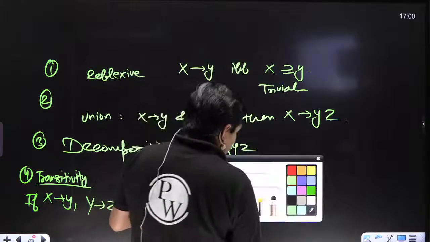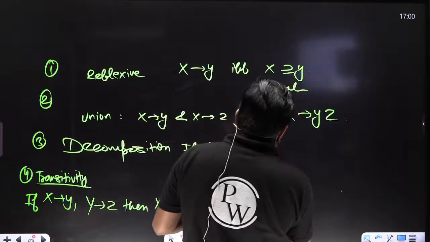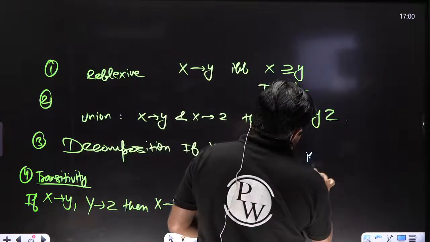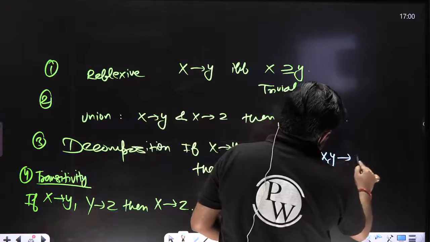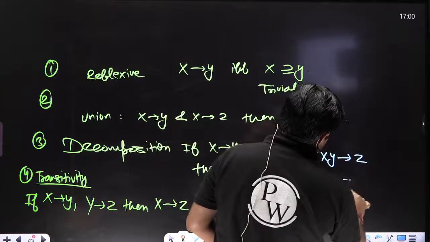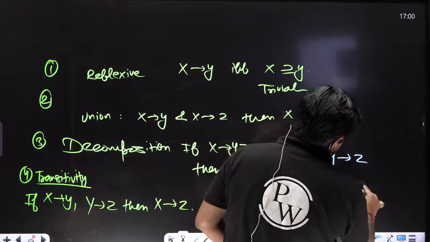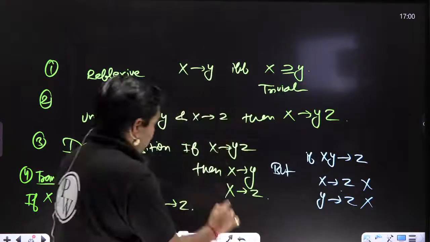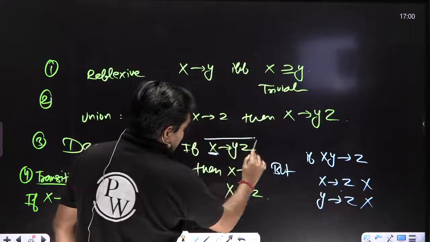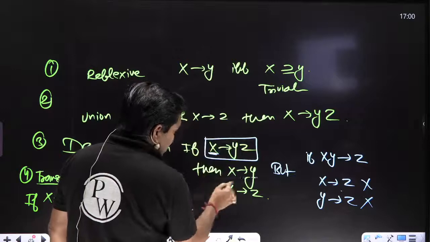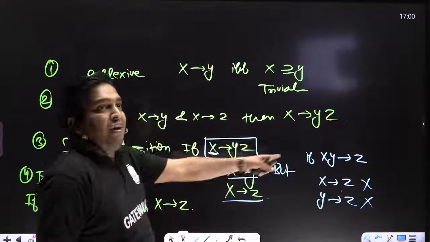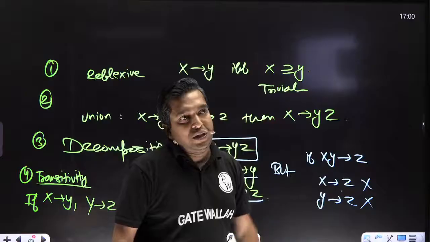But keep patience here. If XY tends to Z, that doesn't mean X to Z and Y to Z. Please remember this. If X to YZ, then we can say X to Y and X to Z. But if XY to Z, then X to Z and Y to Z is not possible.